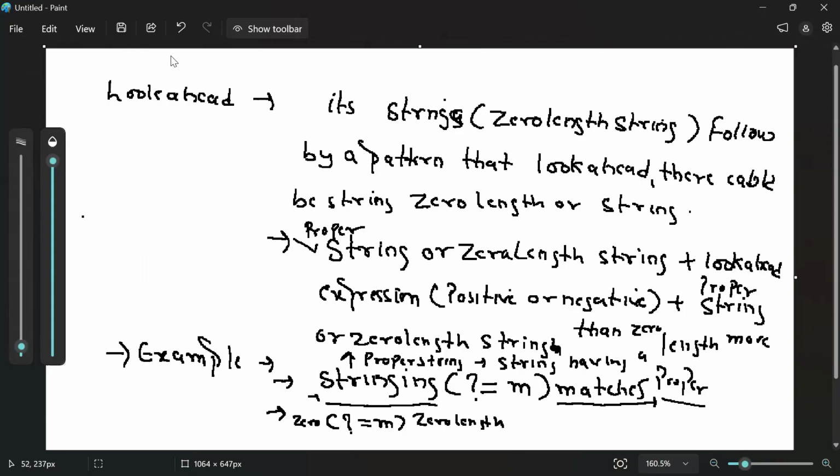And the third example, let's say we have string 1, and then this expression, and we don't have anything here. So these are the three examples we have here.